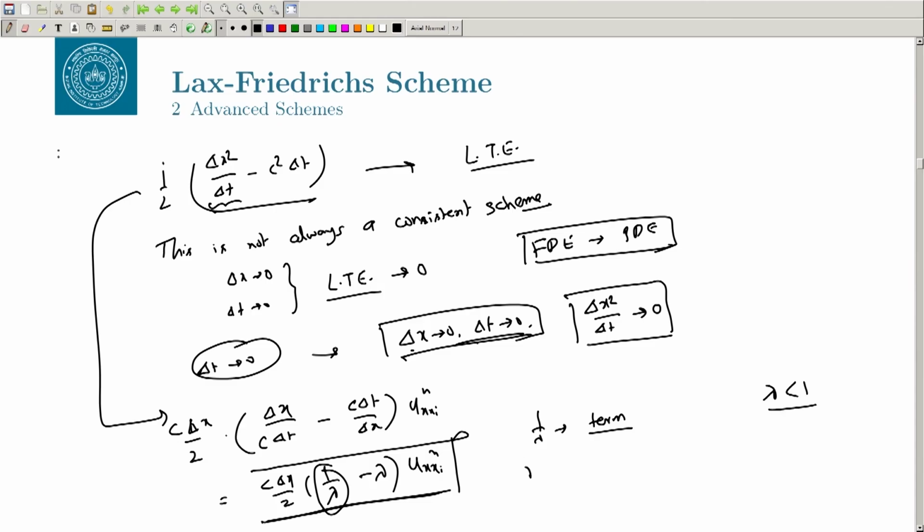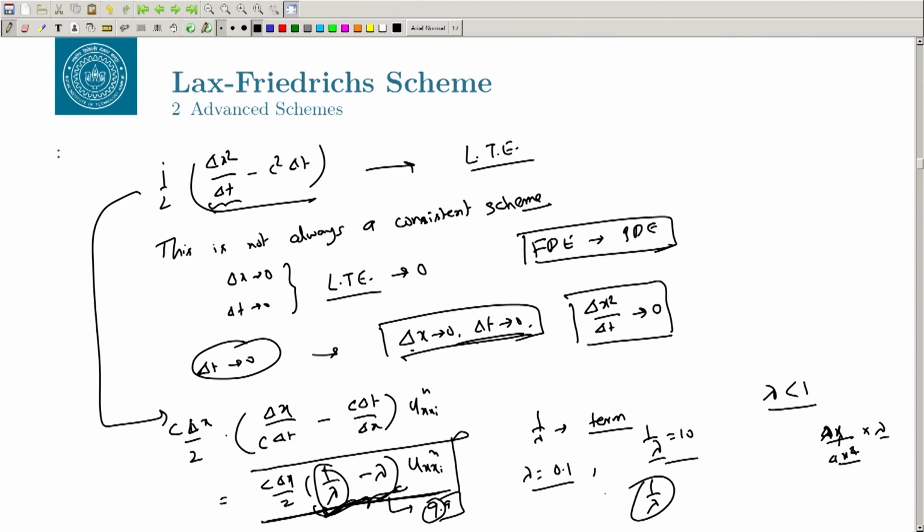If you take lambda equal to, let us say, 0.1, a very small value, then 1 by lambda becomes 10, and the coefficient of the diffusive term becomes 9.9. So this is a very high dissipation value. Because of the presence of this term, you are getting very high dissipation, which comes from the factor of 1 by lambda.